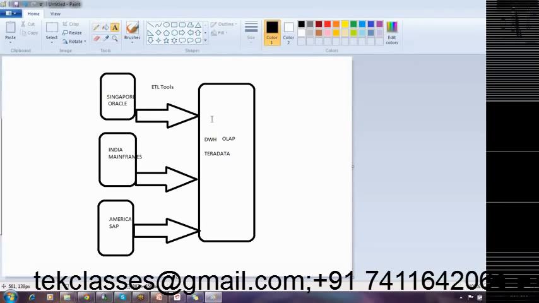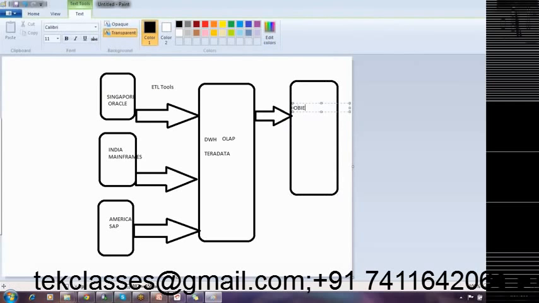Once you load the data into the data warehouse, it is going to be analyzed by your reporting tools. You have various BI tools available in the market, such as OBIEE, Cognos, Business Objects.